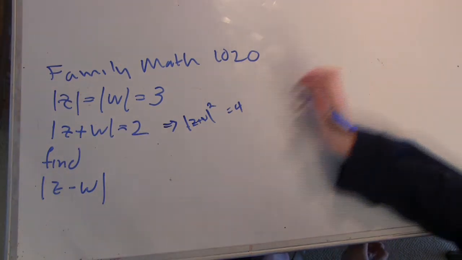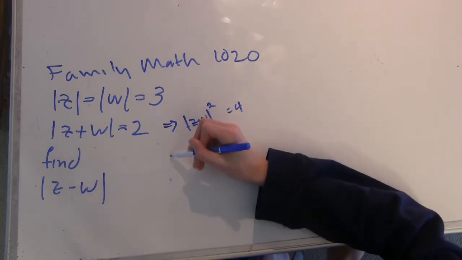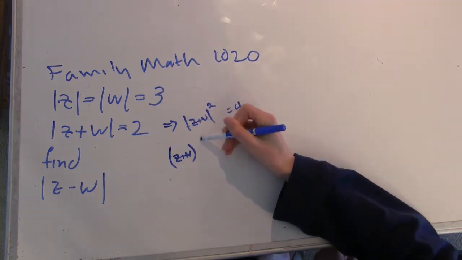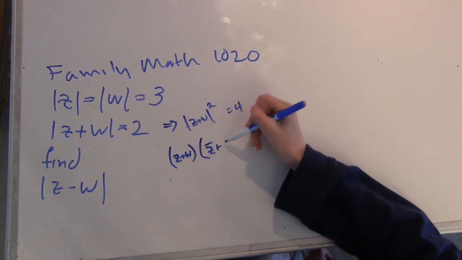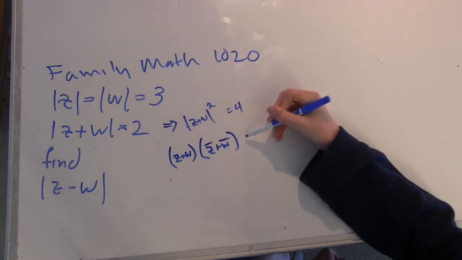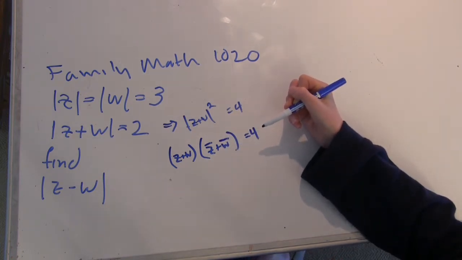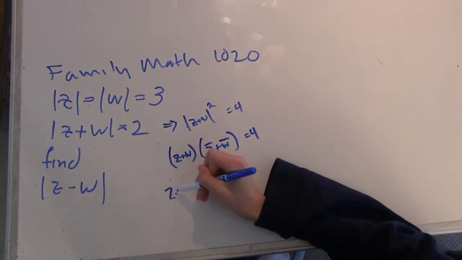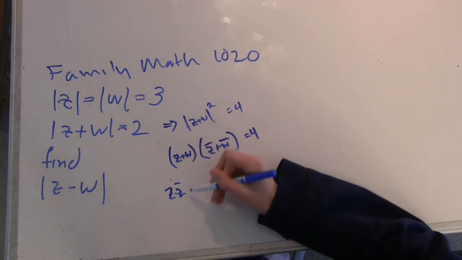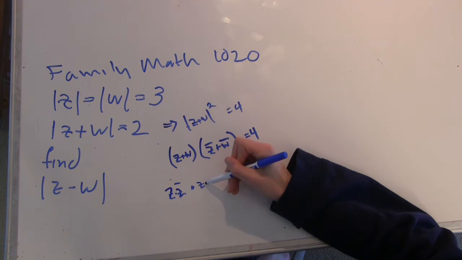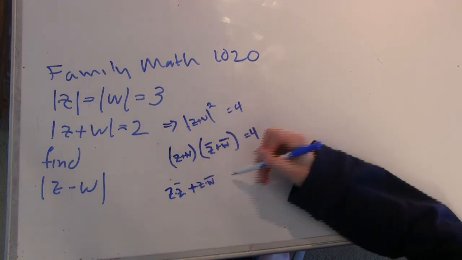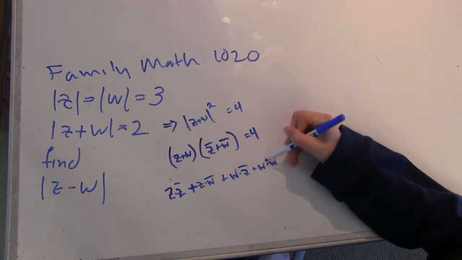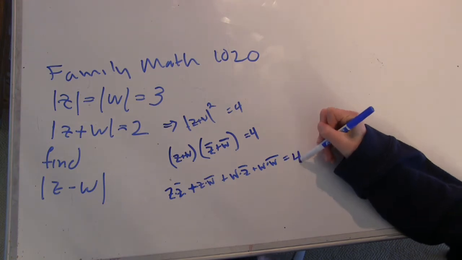So this would become z plus w times z bar plus w bar equals 4. And if we do that out, we get z times z bar plus z times w bar plus w times z bar plus w times w bar equals 4.